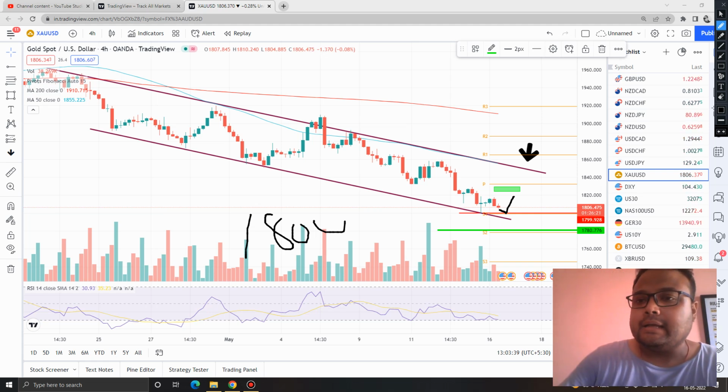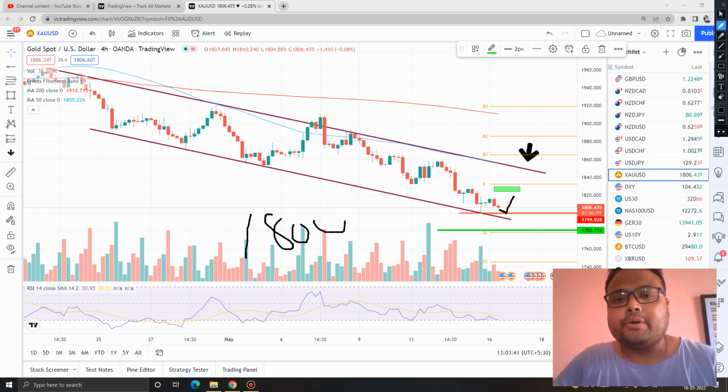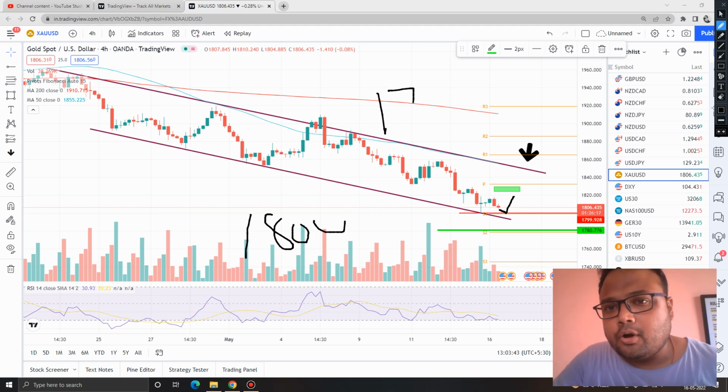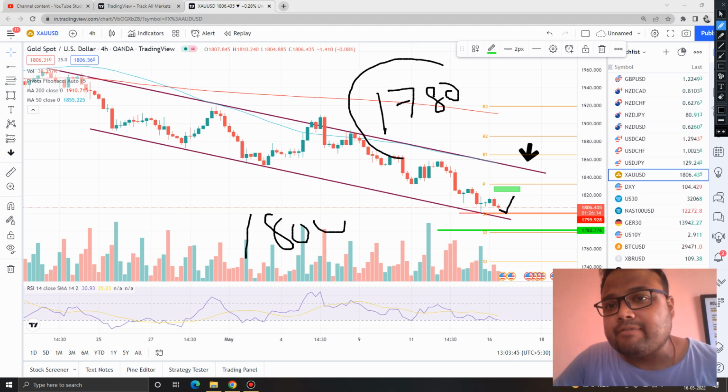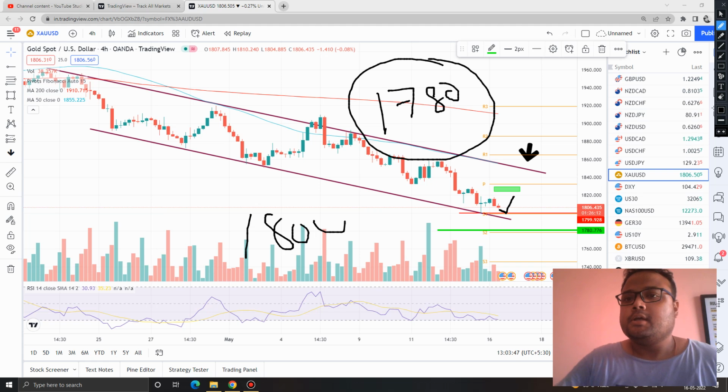The strongest support on the chart of gold is at 1780 right now. So if the market comes down to the 1780 level, by the end of the day or during the US session, if we see heavy selling in the market, we can expect the market to bounce from the 1780 level.